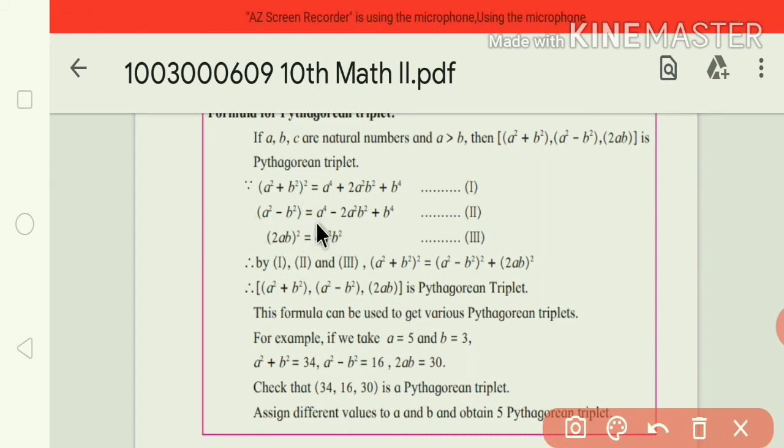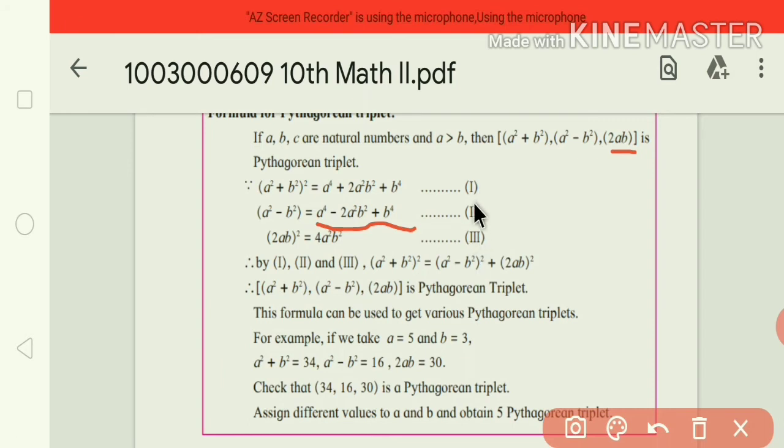This is the b raised to 4. Then in the last one, (twice ab) whole square, 2 into 2 is 4 and ab into ab gives a square b square, so it is 4 a square b square. This is equation first, equation second and equation third.